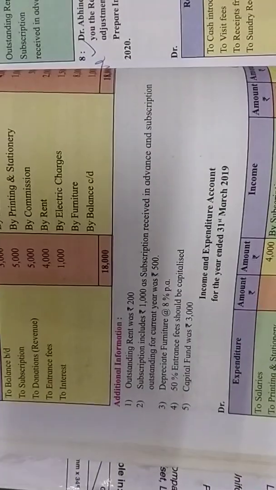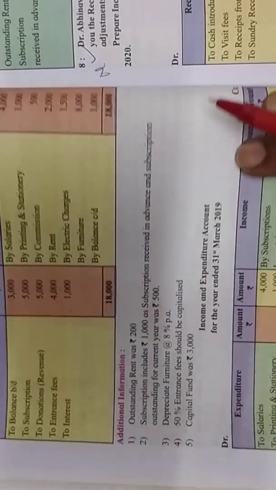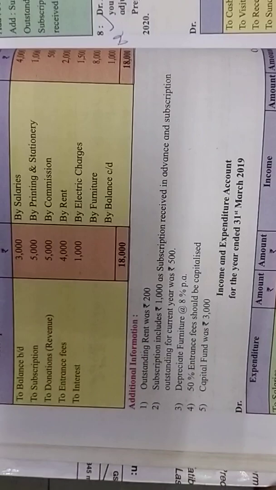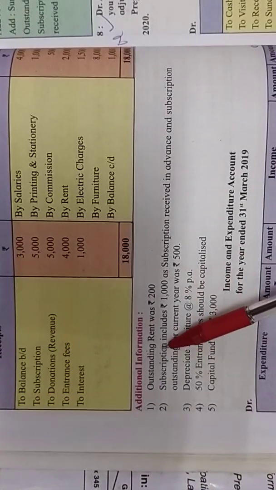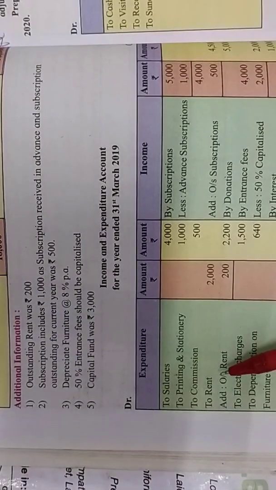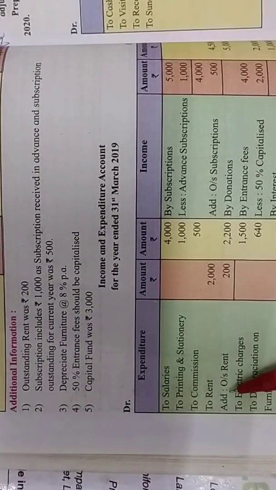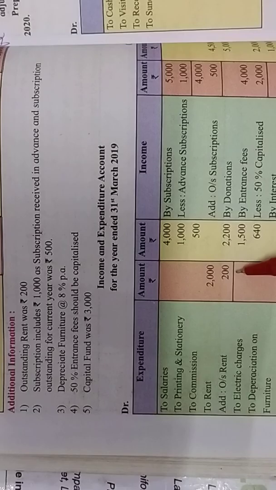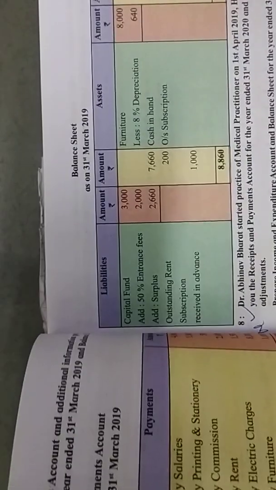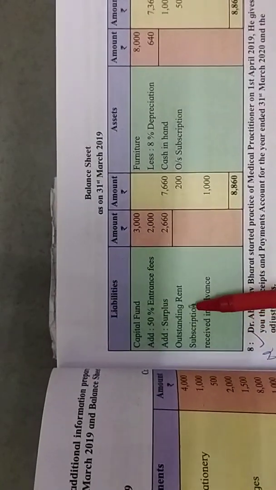Now we have to write the adjustments with their effects. Adjustment first; this is also in the final account, the same adjustment. Outstanding rent was rupees 200. Rent expenditure: add outstanding rent 200. That is the first effect. Second effect, balance sheet liability side: outstanding rent 200.